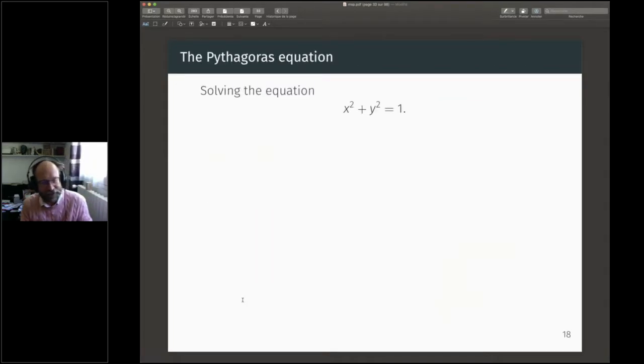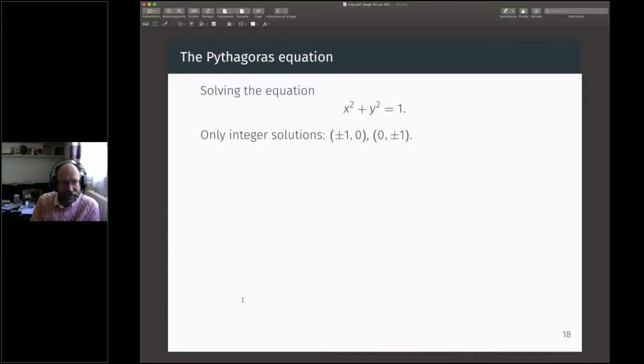I will start with an equation which I call the Pythagoras equation, x² plus y² is 1, because it's what happens when I start from the Pythagoras theorem that says a² plus b² is c², where a, b, c are the lengths of a right triangle, and I assume that the hypotenuse has length 1. And I want to solve this equation.